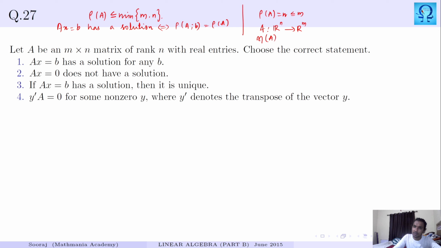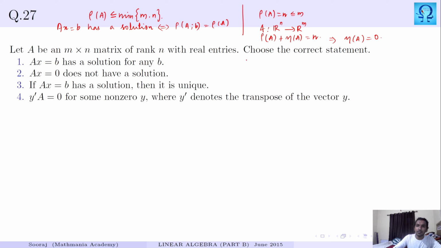Rank of A plus nullity of A equals n, right? That is the dimension of the domain. Rank is given to be n, which clearly tells us that the nullity is 0.